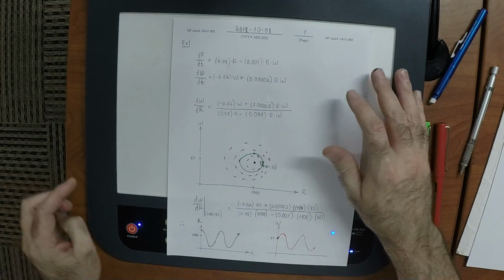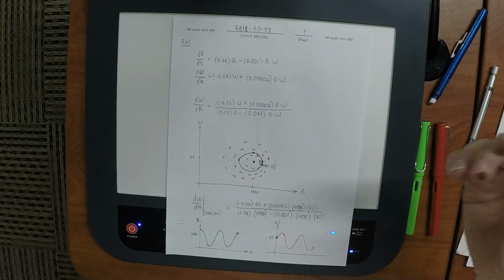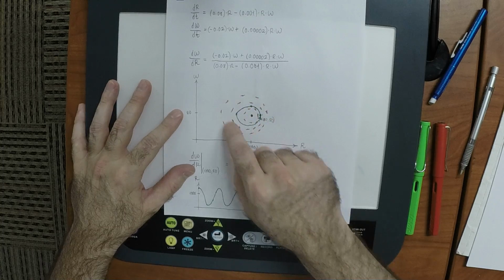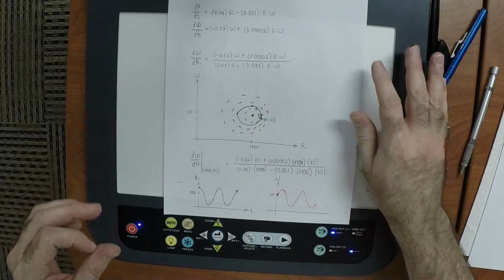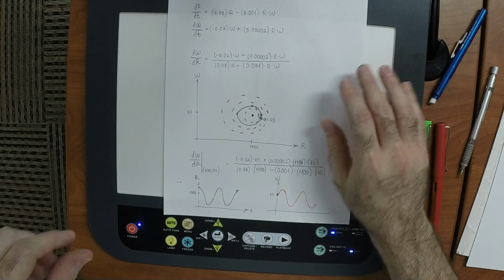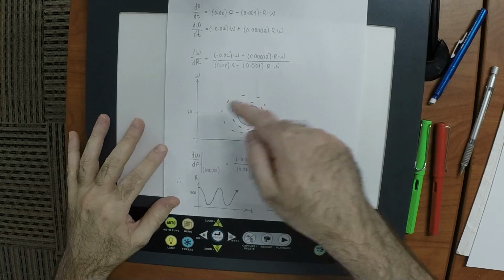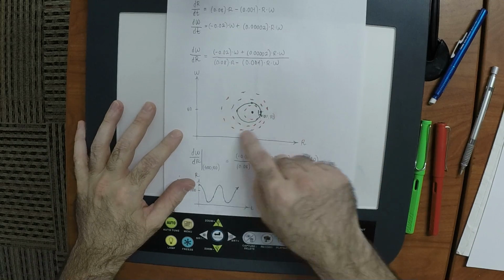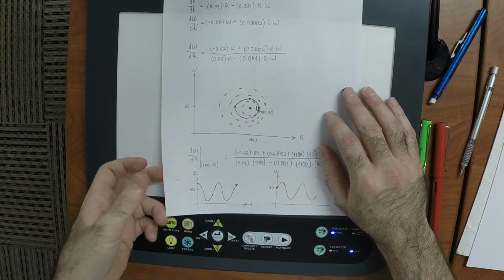Rather, we're going to make it logistic. So when you add in sufficiently many factors to make it logistic, instead of having closed loops, the trajectories become spirals, either spiraling in or spiraling out, or you can have closed loops that are attractive and things like that. So in real life, when you have environmental pressures, these arcs usually aren't closed loops.